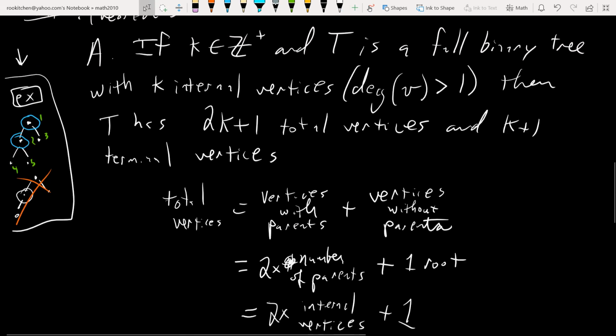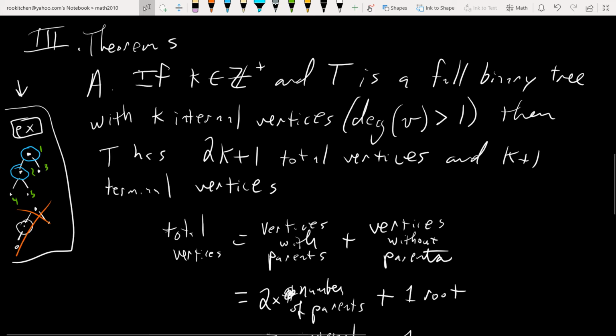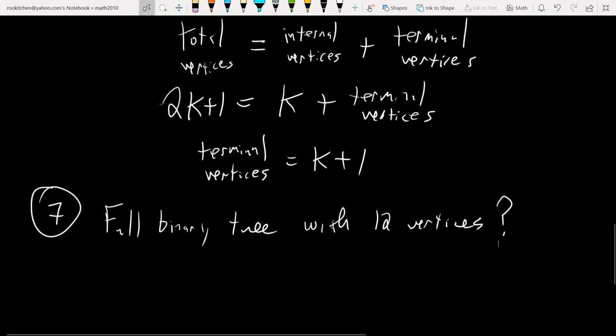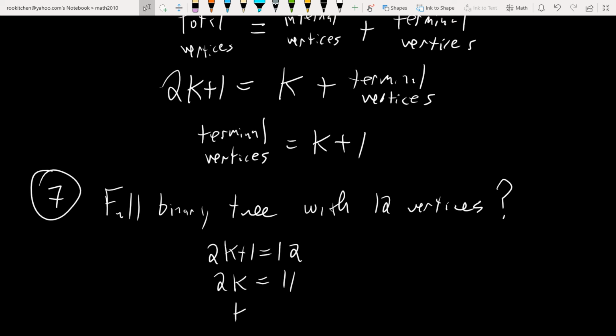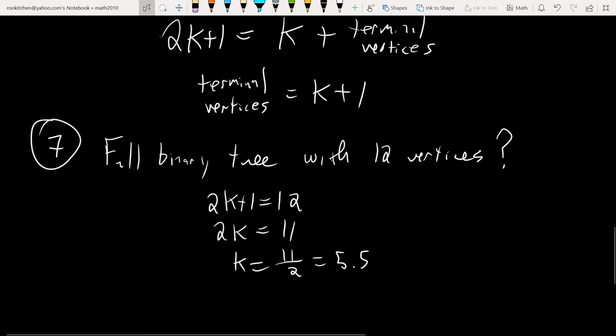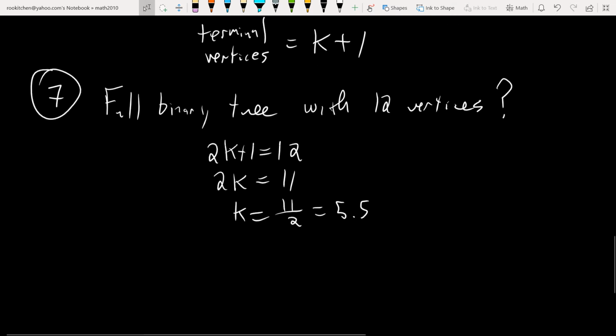So if you look back at our theorem, if you have a full binary tree with k internal vertices, then T has 2k plus 1 total vertices. So in that case, we should be able to rewrite 12 as 2k plus 1, right? And so how many internal vertices do we have? There has to be an issue right there, right? So the theorem tells us that, as a corollary, your number of vertices will have to be odd.